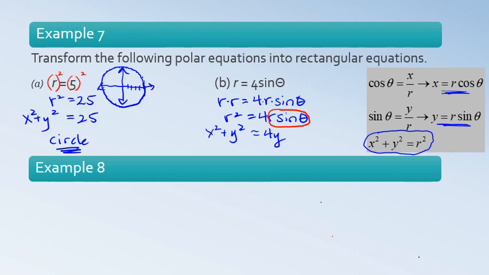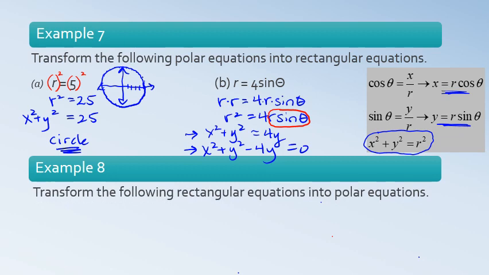Maybe you want to move the 4y over to the left, so maybe you would have x to the second plus y to the second minus 4y equals 0. But for me on a test or a quiz, I'm going to accept either one of the answers as long as the r and the theta are gone and the x and the y are there.